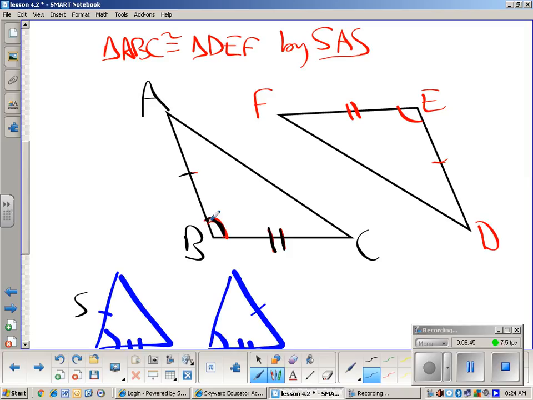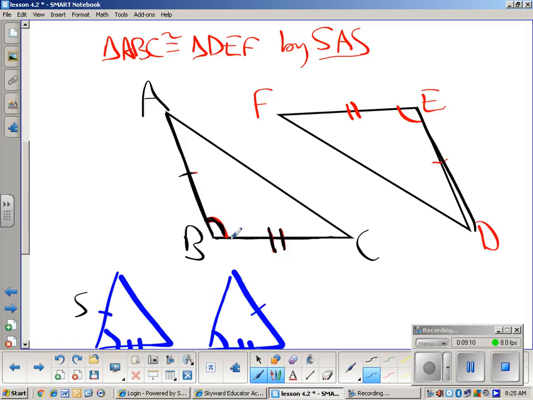Okay? And then in the other triangle, angle E would be the included angle. It's pinched between segment FE and segment DE. So those are included angles. And so by this postulate, I have this side congruent to this side.